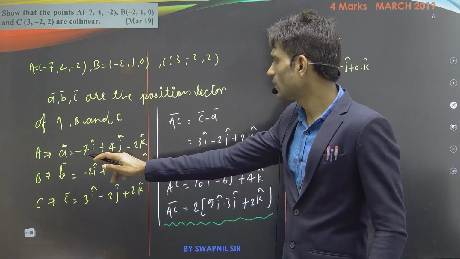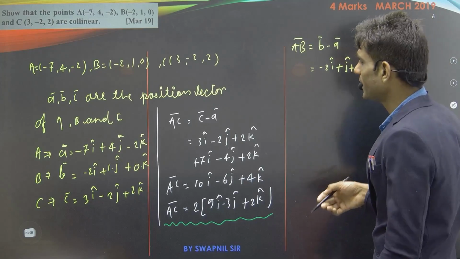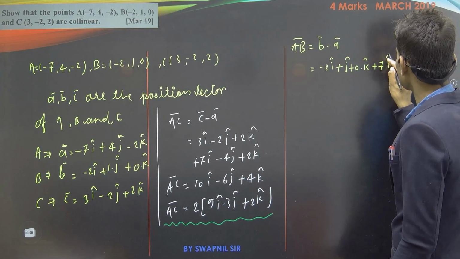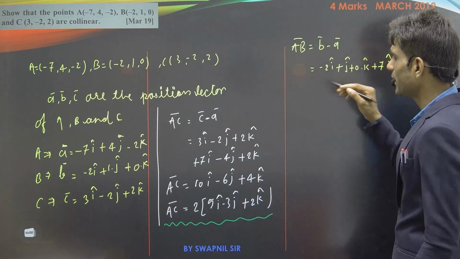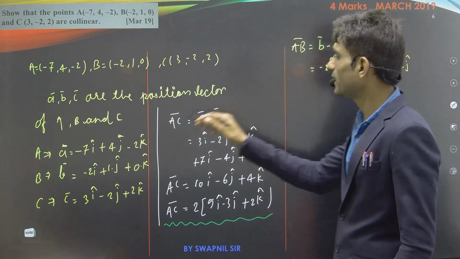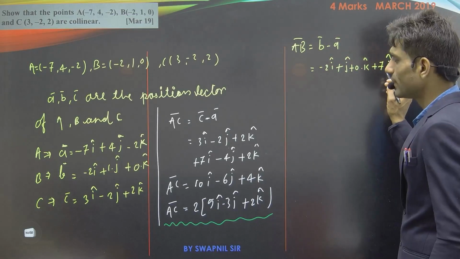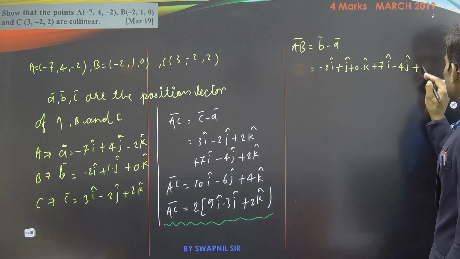Negative of negative 7 times I cap we write as positive 7 times I cap. Negative of 4 times J cap stays as negative 4 times J cap, because we are multiplying that negative sign to our position vector. So negative of 7 times I cap minus 4 times J cap plus 2 times K cap.